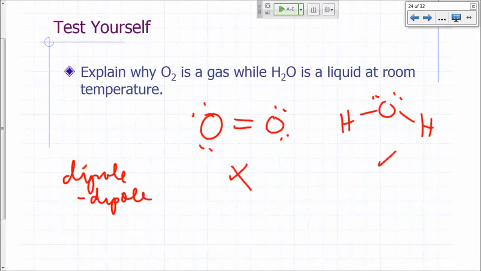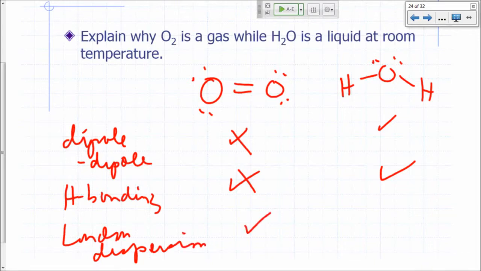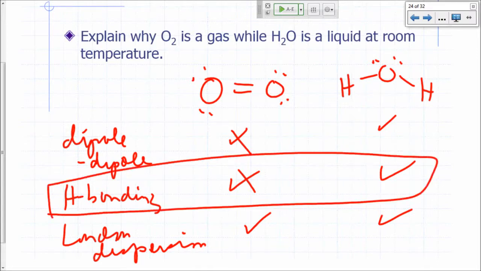Water molecules can have dipole-dipole. Hydrogen bonding: none for oxygen. Water molecules can have hydrogen bonding interaction, right? What else? London dispersion forces. They both have London dispersion forces, but they're both small molecules. So the anomaly really here has to do with the hydrogen bonding.